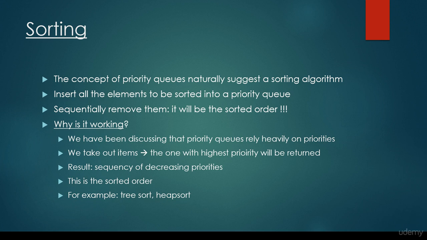So the greater the number, the higher the priority. And this is exactly what we are looking for. We are looking for the item with the highest priority. The highest priority value for integers is going to be the greatest item. So this is why this priority queue is able to make the sorting operation.